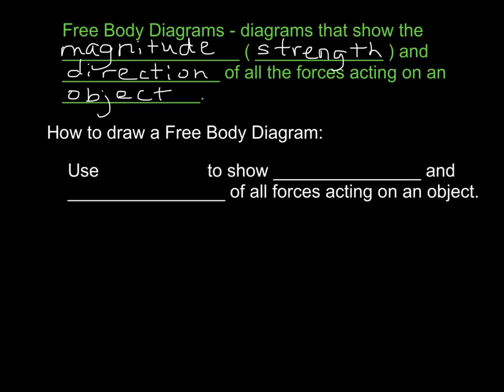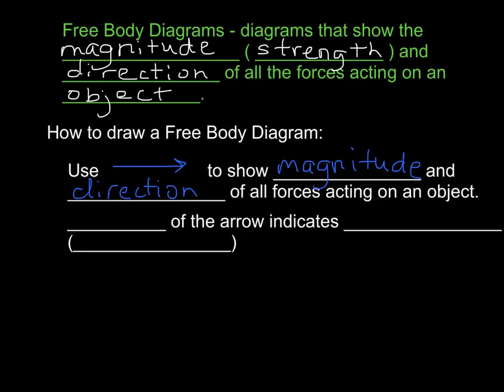First, we use the arrow symbols to show the magnitude. Again, that's the strength. And the direction of all of the forces acting on an object. The size or the length of the arrow indicates magnitude.